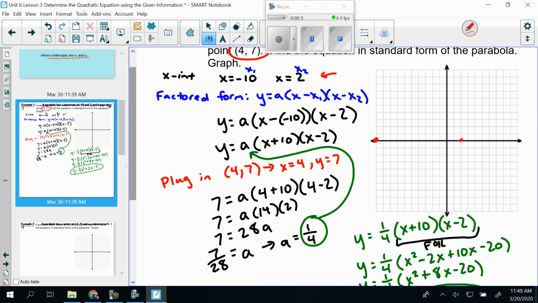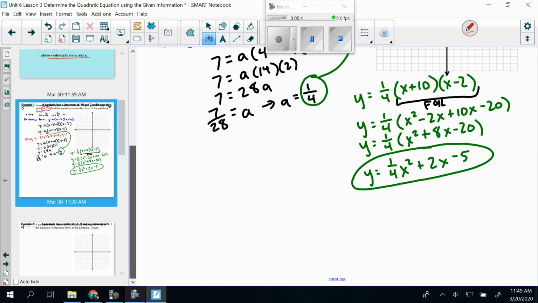It'd probably be good if we had the vertex. We can now come up with a vertex if we know the standard form down here. Remember, our vertex is going to be using that x equals -b over 2a. So here our b is 2, and our a is 1/4. So we want to solve that out.